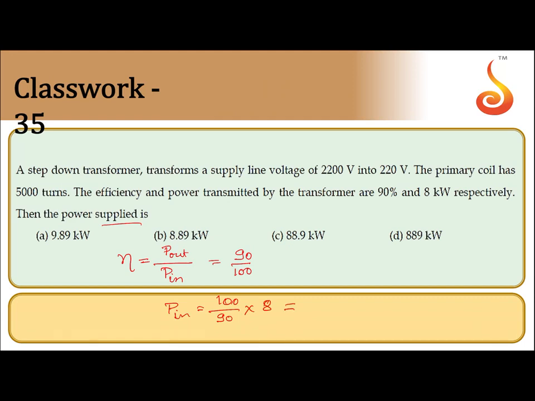So just simplify this, you will get it to be 80 by 9, that should be 8.89 kilowatt. That is option B.